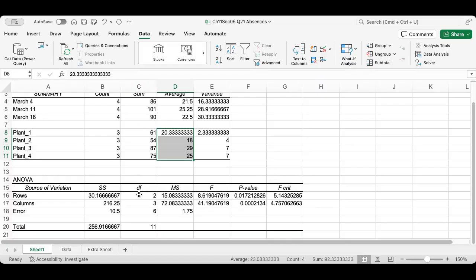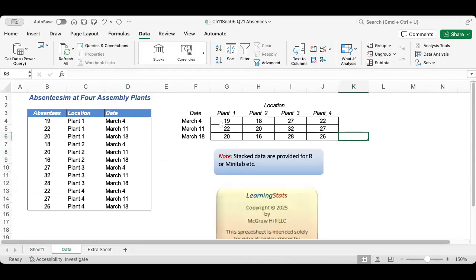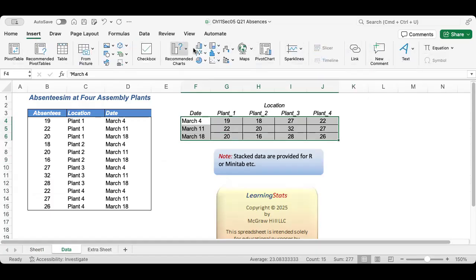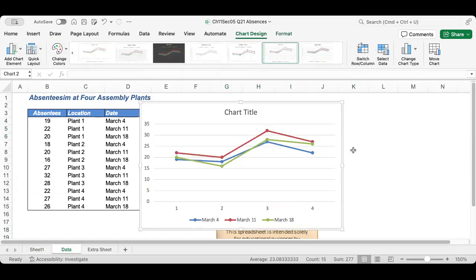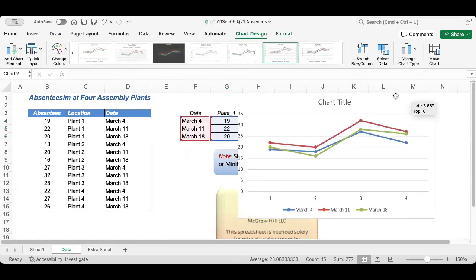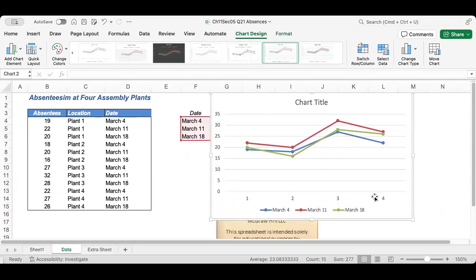I could go a step further and plot this data two different ways. If I go back to this data, I could plot this, insert line chart. There it is by date. 4th, 11th, 18th.